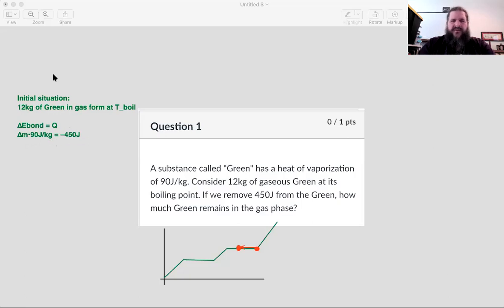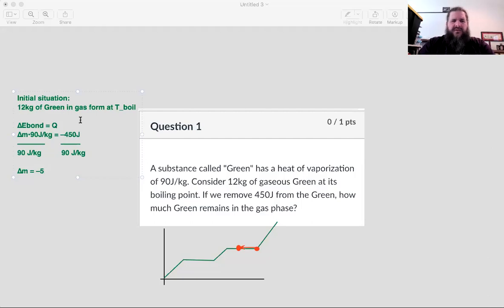Yeah, if we just divide both sides by 90, and I would keep the units here. I would specifically say dividing by 90 joules per kilogram. That way on the left side, 90 joules per kilogram cancels itself out. On the right, 450 over 90 is just 5, so negative 5.